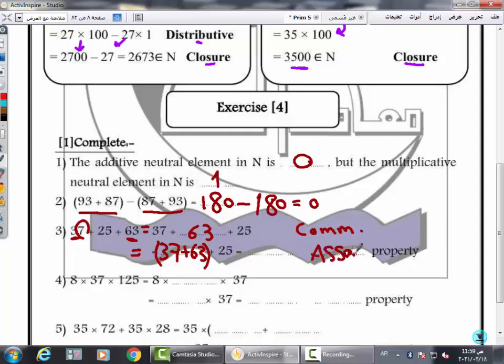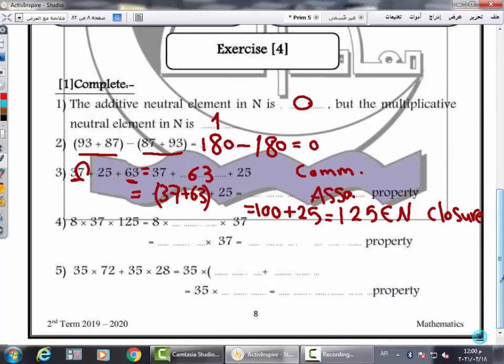Then find the result. 37 plus 63 equals 100. And we put 25 as it is. Then 100 plus 25 equals 125. 125 belongs to natural. This is called the closure property.